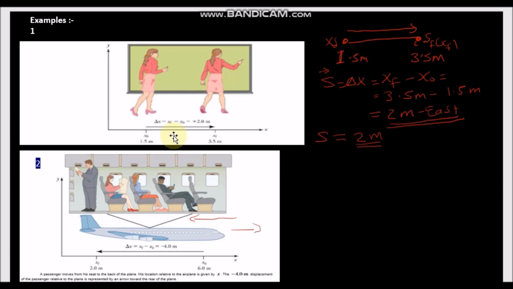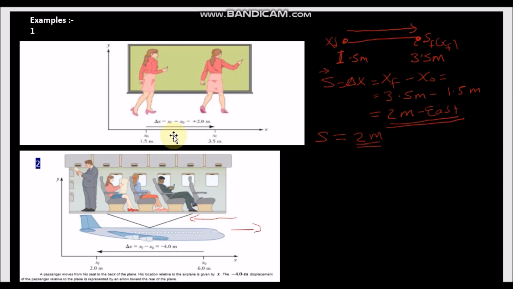Now the passenger moves from his seat to the back of the plane, and his location relative to the airplane is given by x.